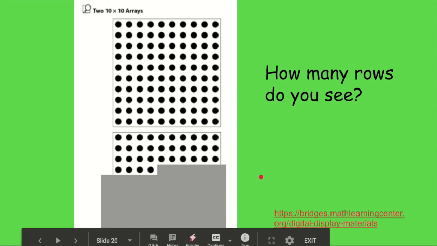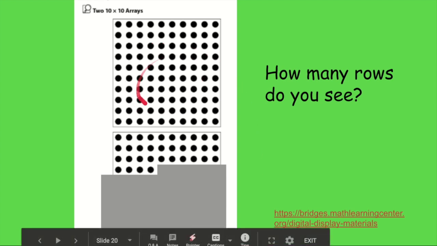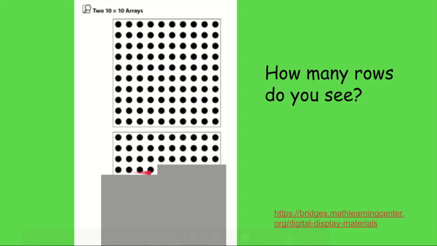All right, my friends, count this one. How many rows do you see? 100, 10, 20, 30, 4. 134.